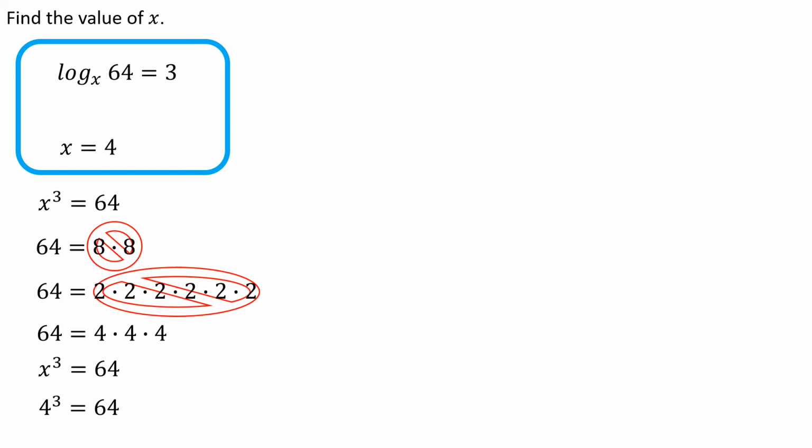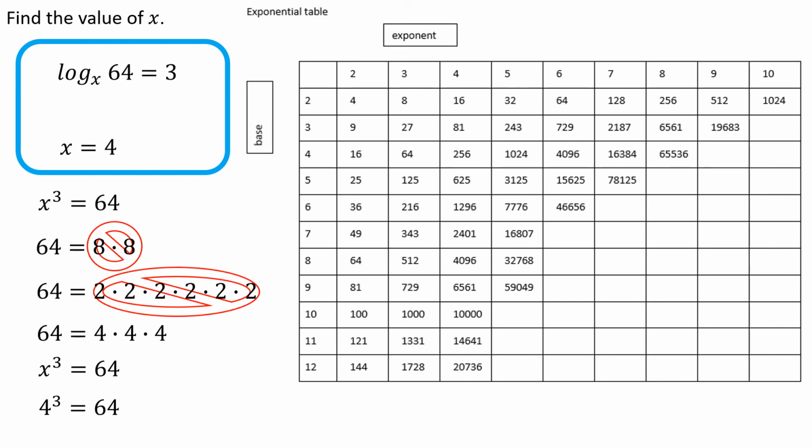Now, again, for those of us who don't have these numbers dancing in our heads, if I look at the exponent table, I'll notice there are many different places 64 shows up. 8 squared is 64. But I don't want squared, because I've got x to the third power. 2 to the 6th power is also 64, but I don't want to play with an exponent of 6.